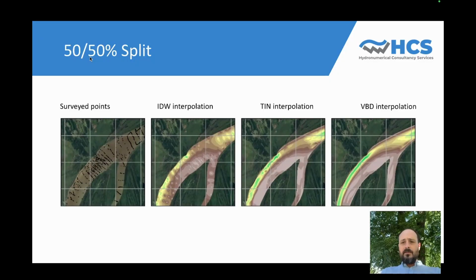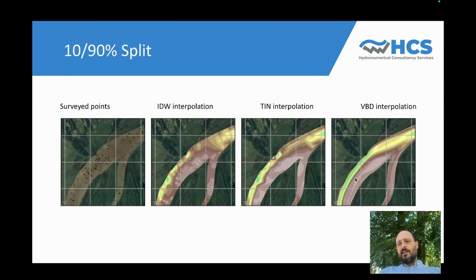But if you start decimating the data like this, 50-50, and then 10-90, so only 10% of the data remaining, you see that with that amount of data, the IDW interpolation and the TINs look awful, while this VBD method still looks very nice. It does not predict this zone very accurately anymore.